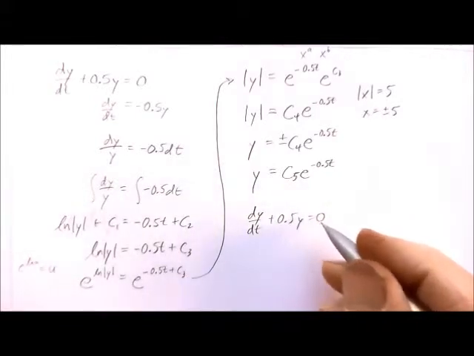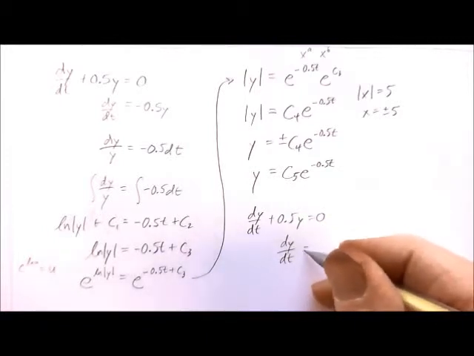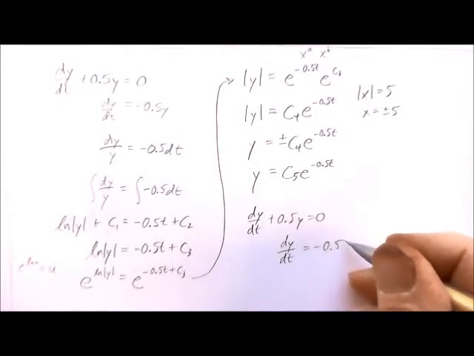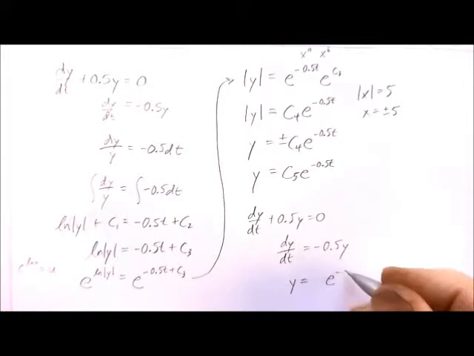When we move the 0.5y to the other side and have dy/dt equals negative 0.5y, what we're saying is we're looking for a function y whose derivative is negative 0.5 times the function itself. And we did this sort of thing before by guessing and checking. We said, well, y needs to look like e to the minus 0.5t, and in fact we discovered that there could be any constant out here.